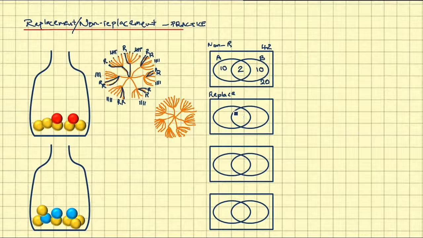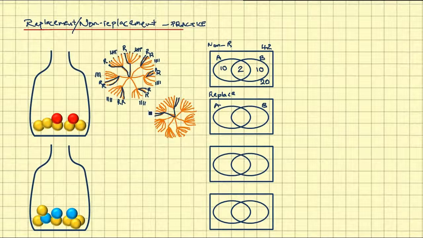So we generally start with the intersect, and this is when we're picking a red in both the first draw and the second draw, event A and event B. Well, just as before, there are two opportunities in the first draw, but because I've replaced it, there'll also be two opportunities in the second draw, because we still have two red marbles to choose from.